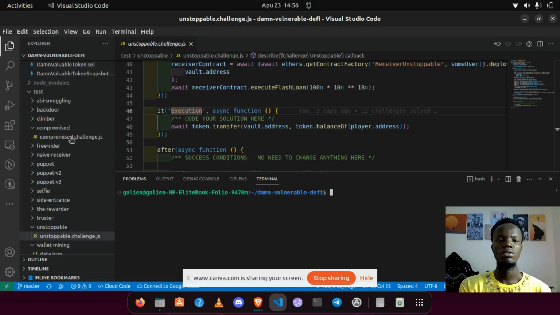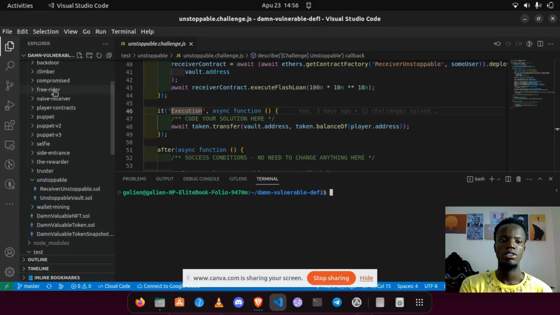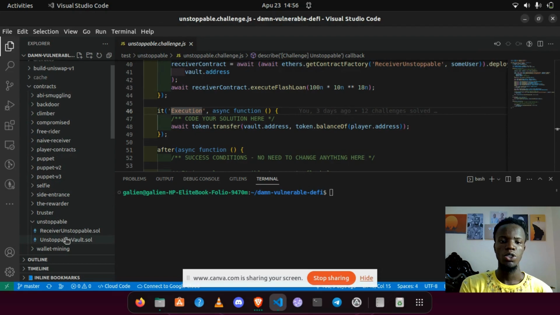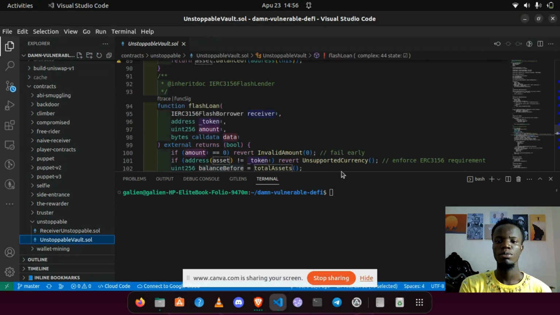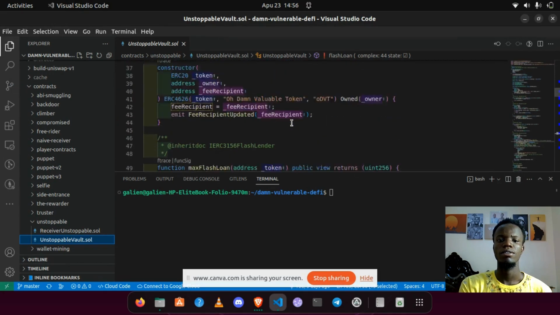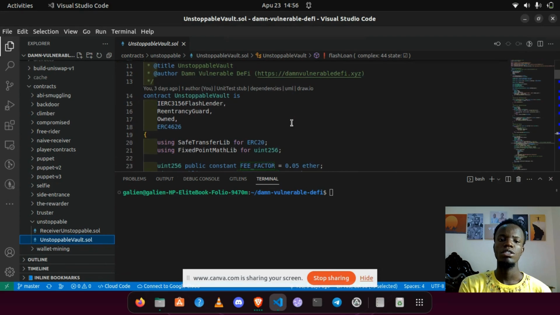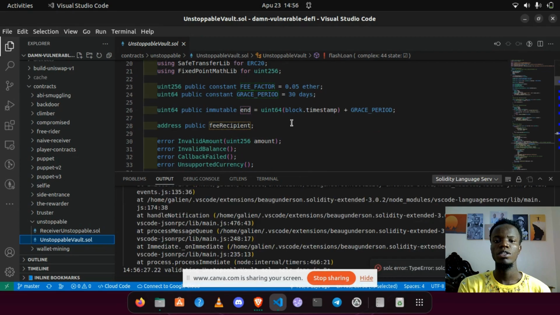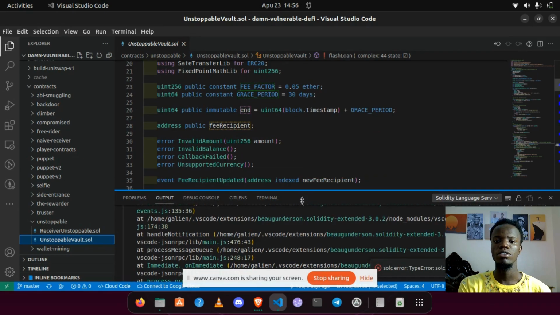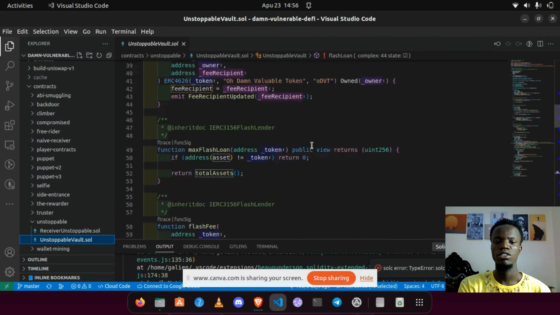Okay, next we go to our second contract, which is called Unstoppable vault, and this contract implements the IERC3156 flash lender, which enables it to initiate flash loans. This contract introduces several functions.